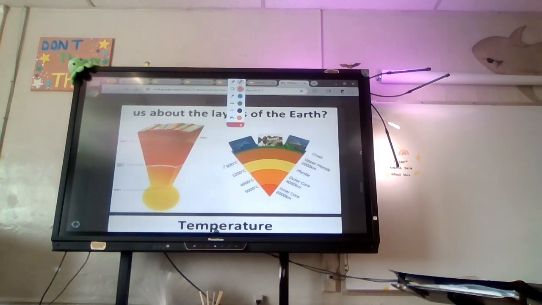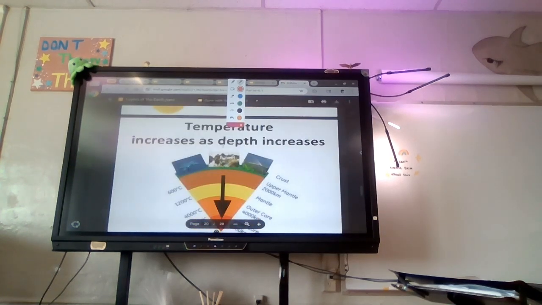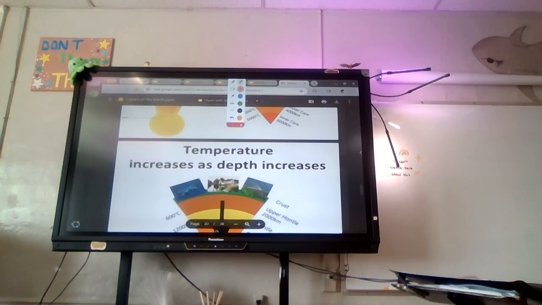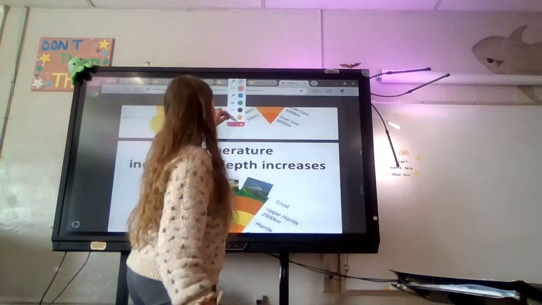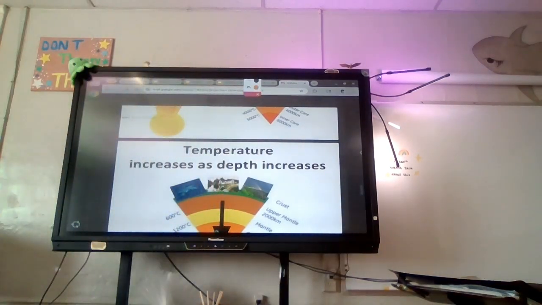The heat. As it gets deeper, it's hotter. Which makes sense. So write this down. This is a good rule. Law. Temperature increases as depth increases.